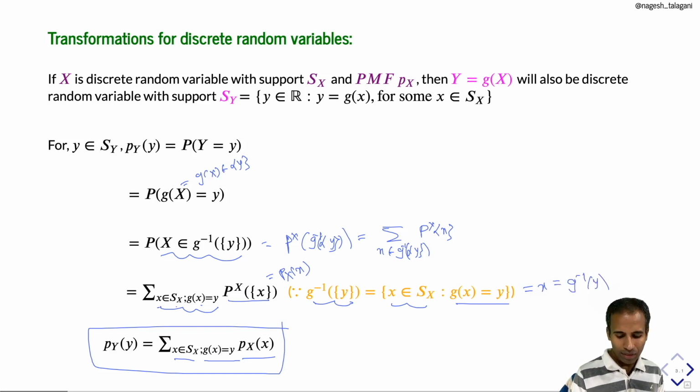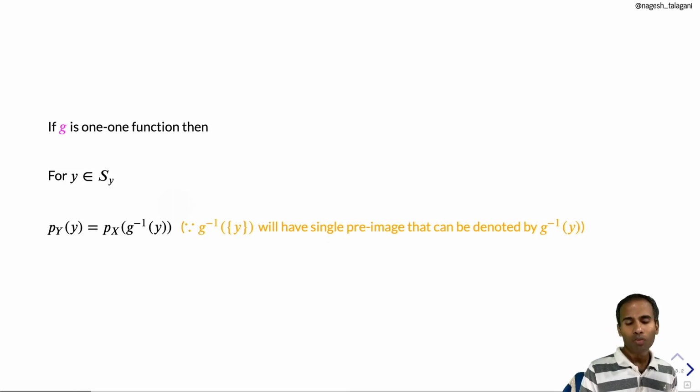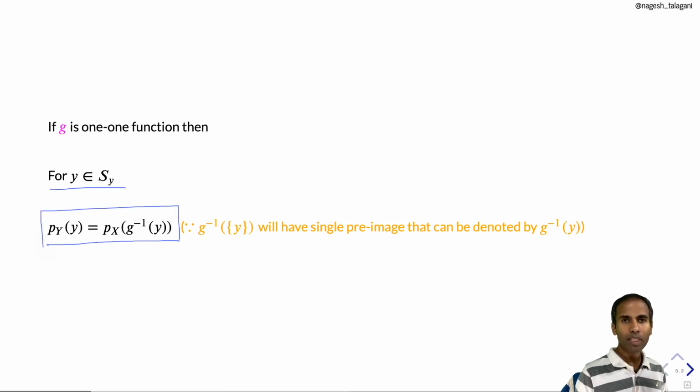In that case, in this summation, there will be only one term, that would be Px of G inverse singleton y. Next, if G is a 1-1 function, then for any y belongs to Sy, Py of y equal to Px of G inverse y.